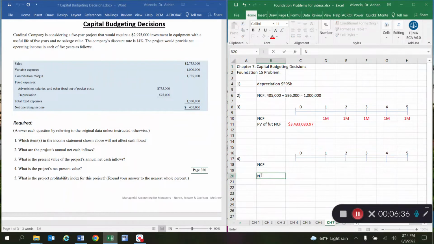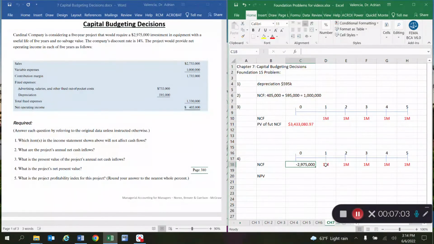So the NPV, the net present value, is the net of what you have to invest versus what you are getting in return in terms of positive amounts. So what I mean by that is, when we're doing the NPV, we're going to have these positive cash flows in there, but we're also going to include the original investment of $2,975,000.